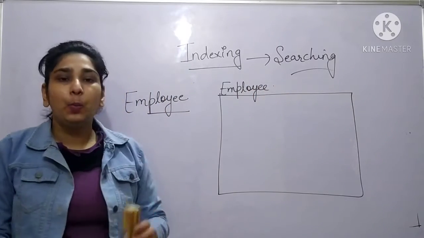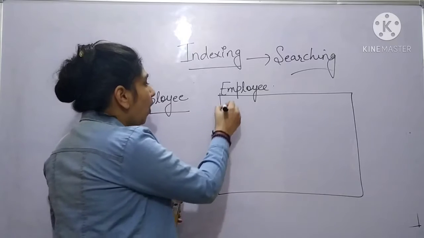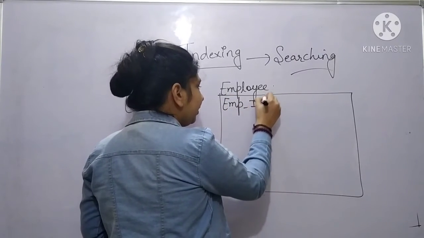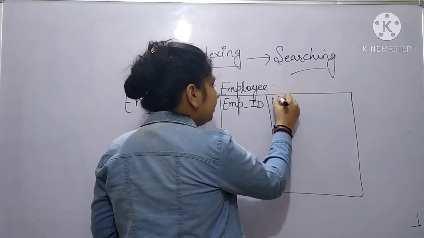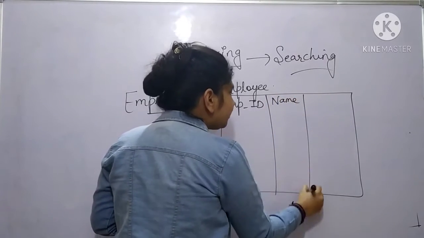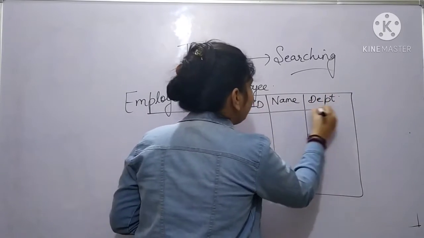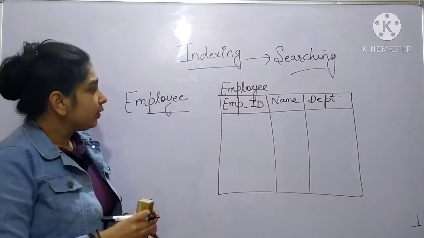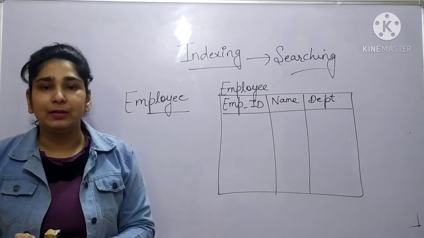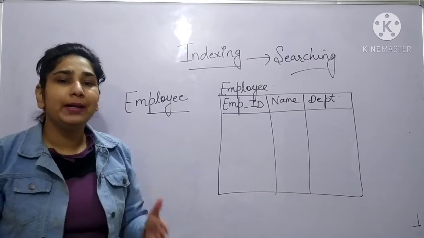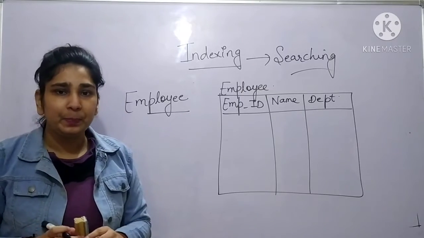The various attributes of the employee table are employee ID, employee name, and the department to which the employee belongs. In this table, I have a lot of records stored.